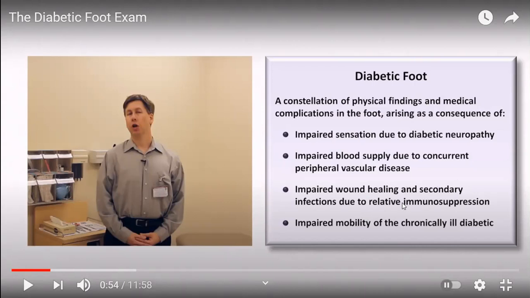Impaired wound healing and secondary infection due to relative immunocompromise. Again, I say it: if diabetes is under control, it is okay. But if diabetes is not under control and blood sugar goes so high, a lot of complications will start.